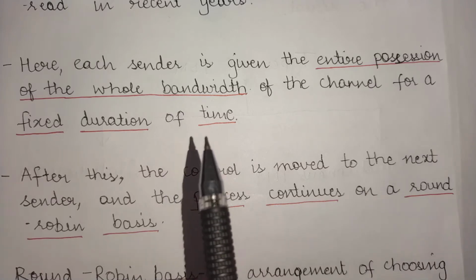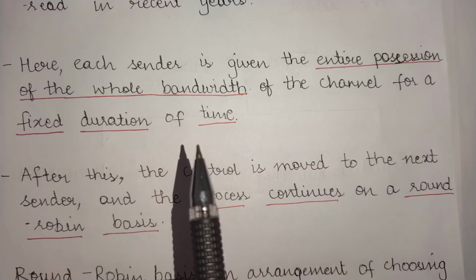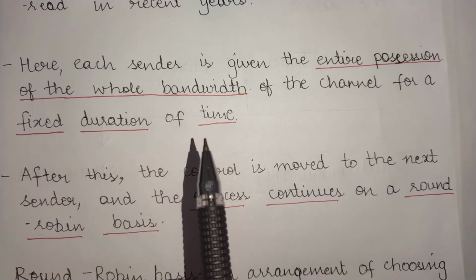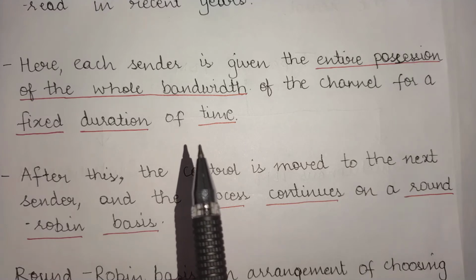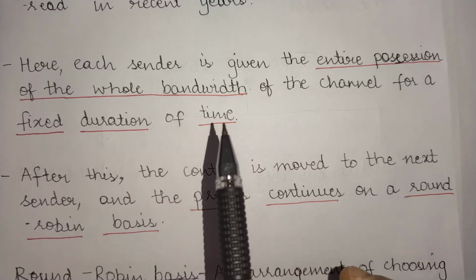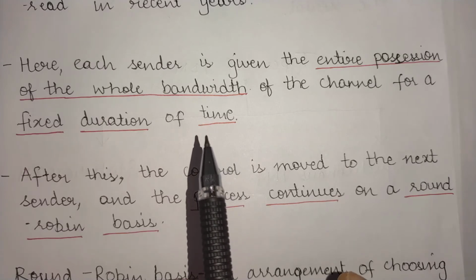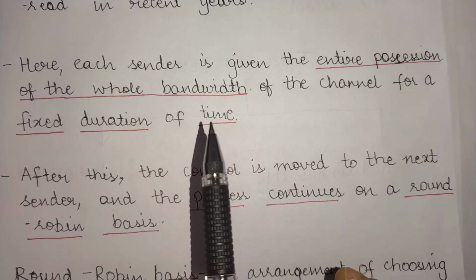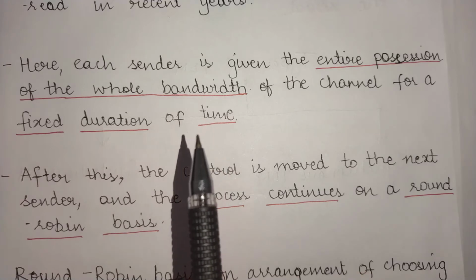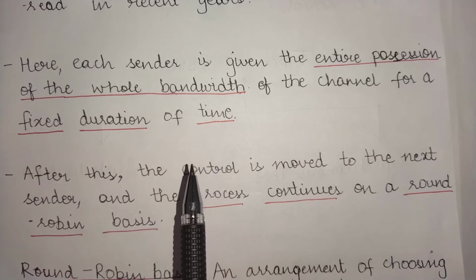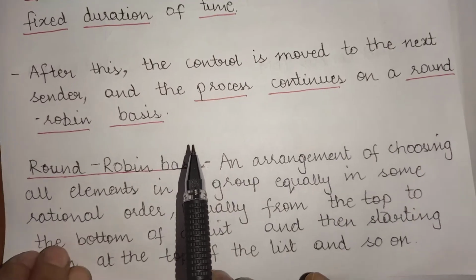So you are basically dividing the time slots among various senders, each with a fixed time slot. That means for the time slot assigned to a particular sender for transmitting data, the sender will have the complete bandwidth of the channel, the entire portion of the bandwidth of the channel.